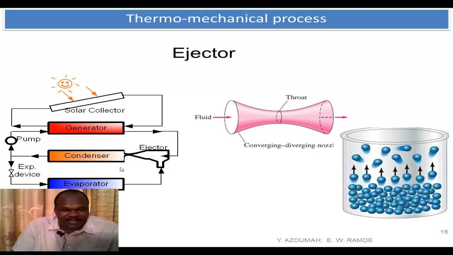If you like, in your conventional vapor compression system, you have the throttling device, you have the condenser, you have the evaporator, and then you have the compressor. So this section here more or less replaces the compressor. It's the ejector.